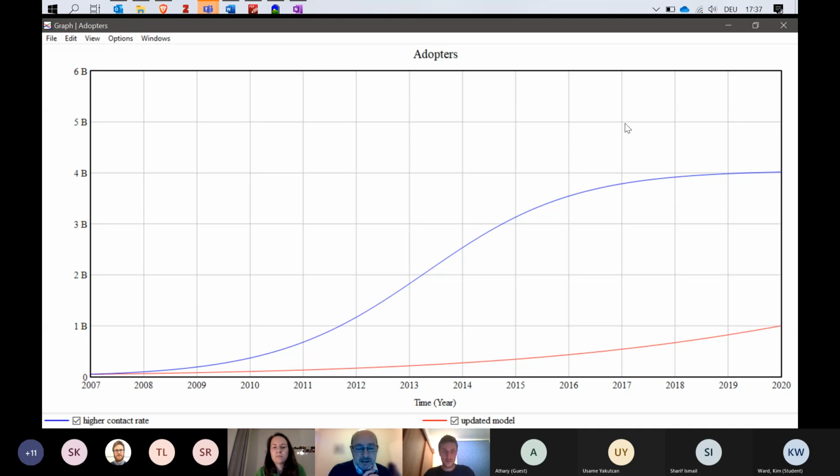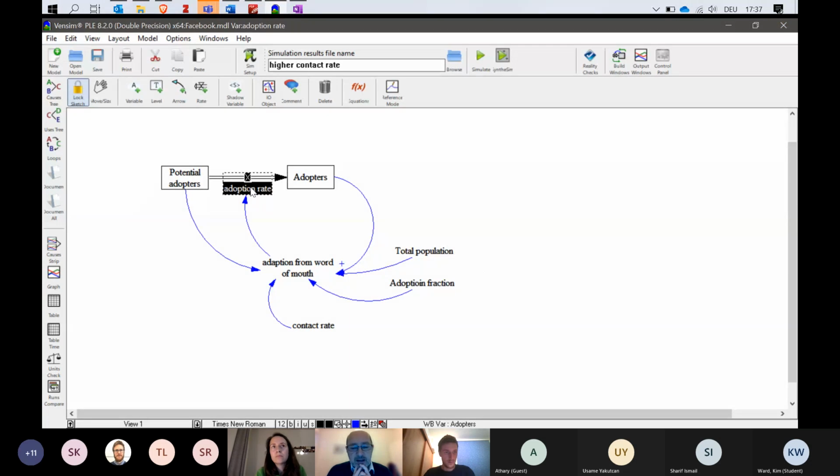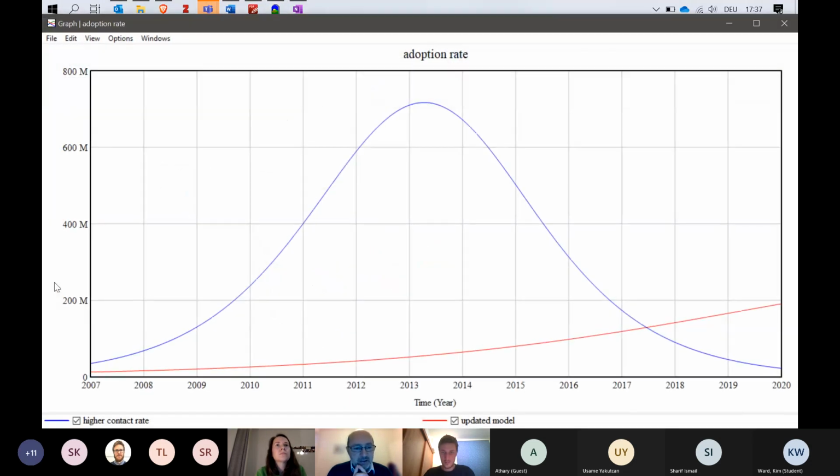And so that is one important aspect that we have to consider. And in adopters, we see the accumulation, but let's choose the variable for a moment, adoption rate, which shows the flow, the process.